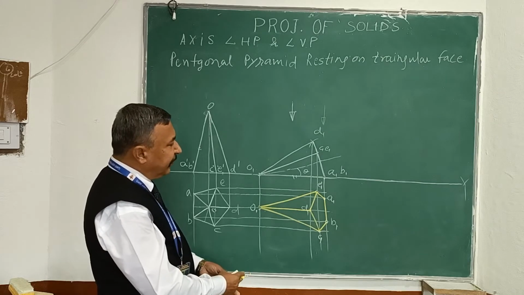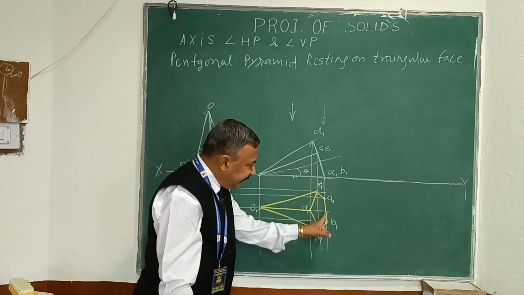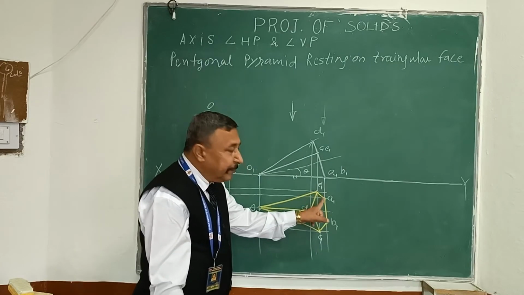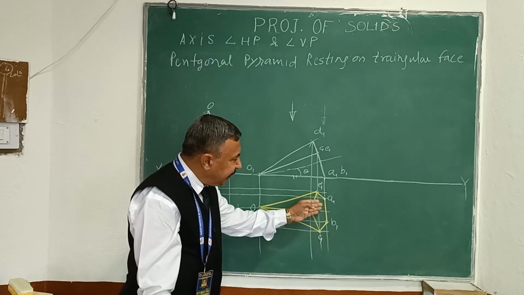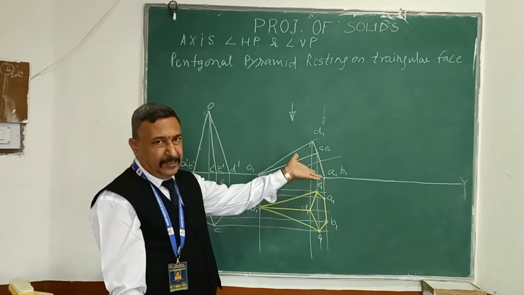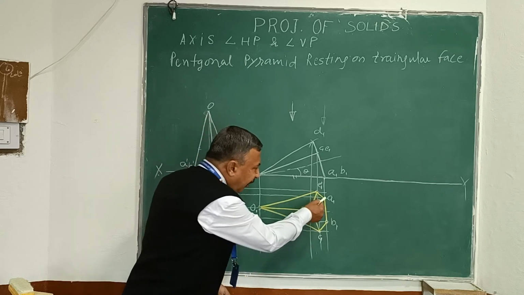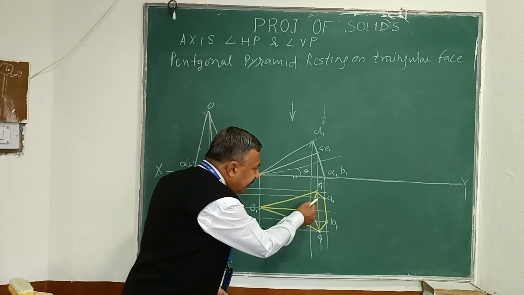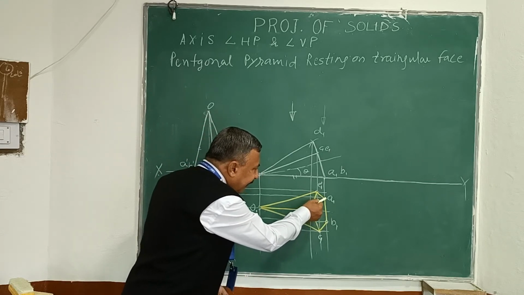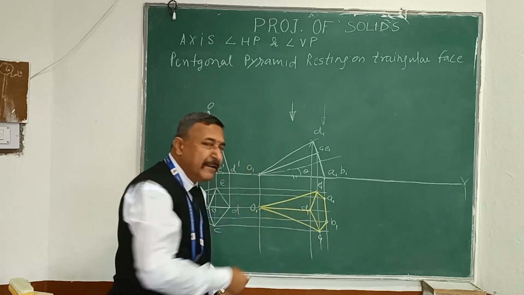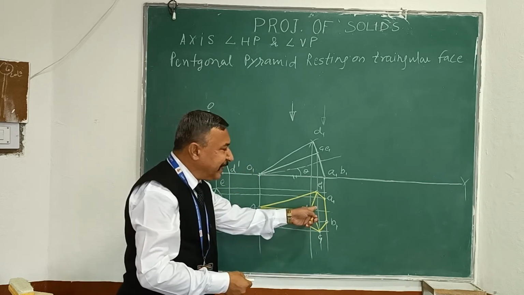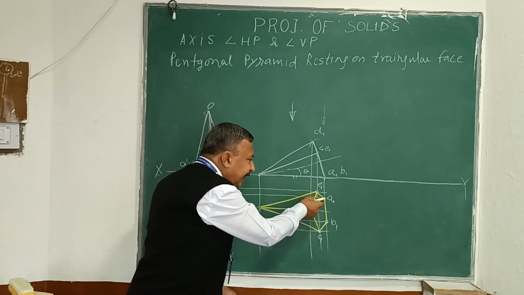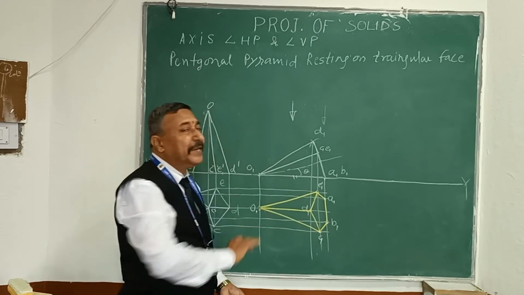Okay. Now see here, this base is visible. Base is visible means everything is behind this base. So when we have to draw edge from this corner, can this edge be visible? No, because the base is visible and this edge is behind this base.